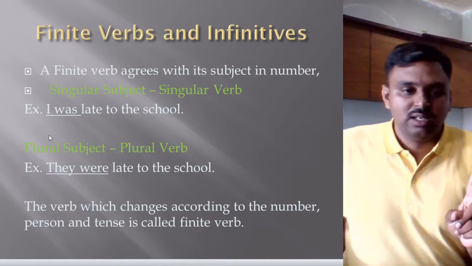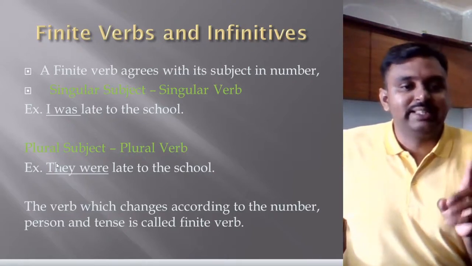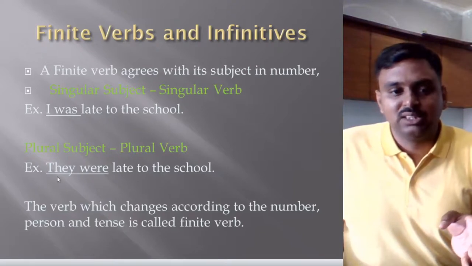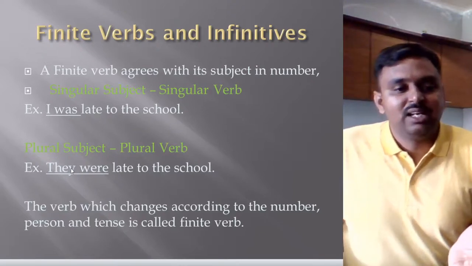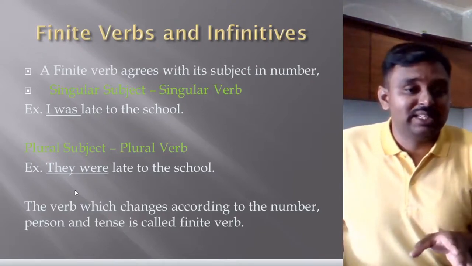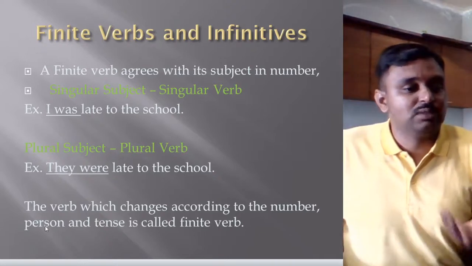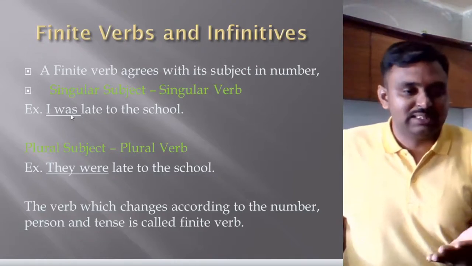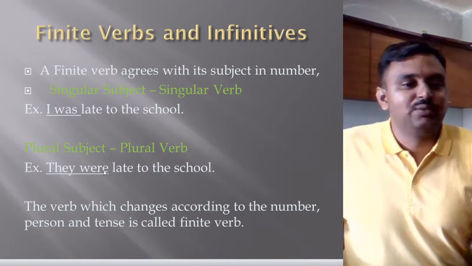Second, person. If I is first person here, they is third person. So it is changing. Are you getting it? When we change the person, the verb changes. And the tense as well. If I take I am, the present tense, here it will come like they were.